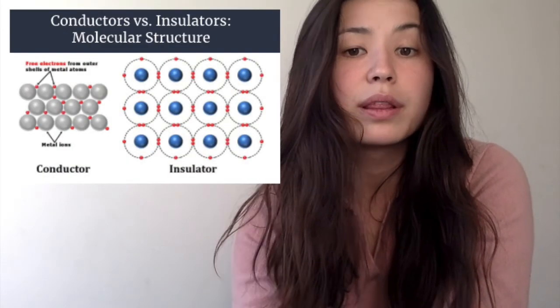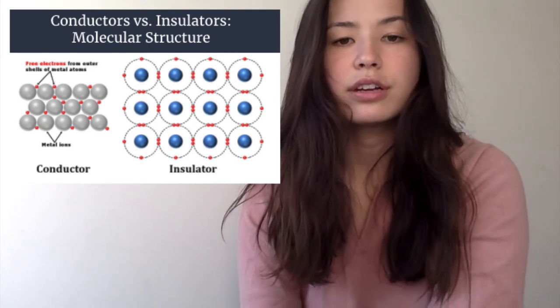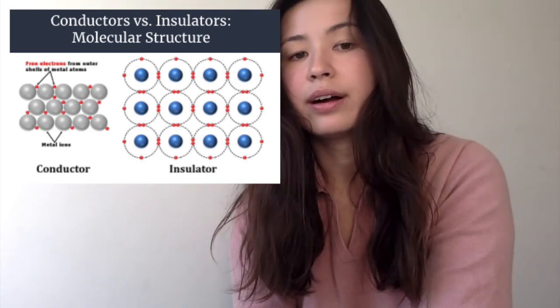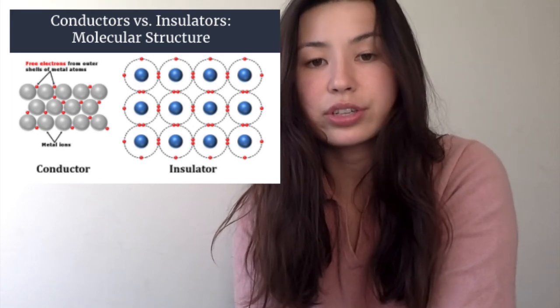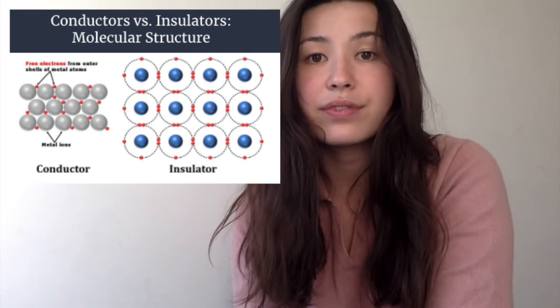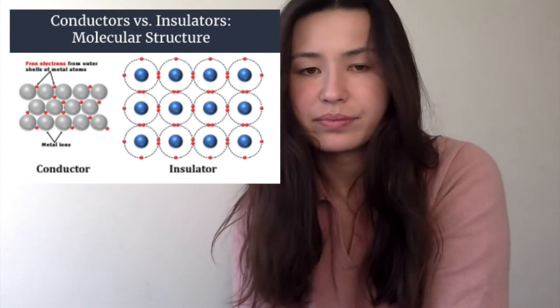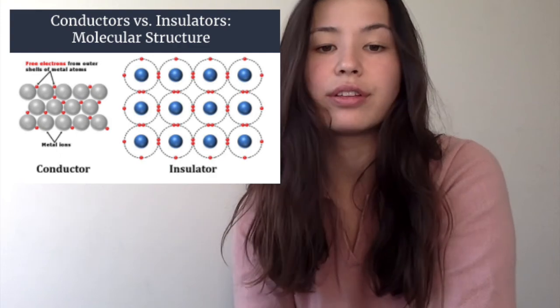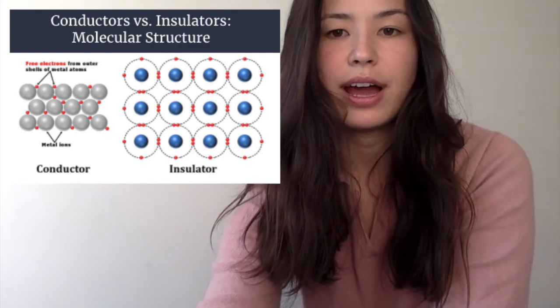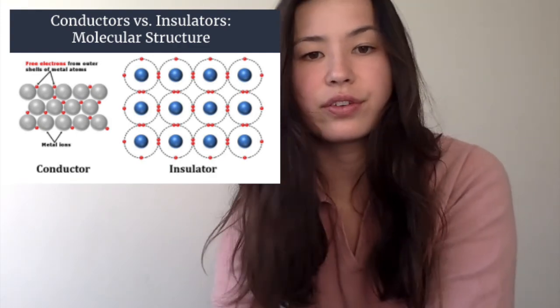So let's actually think more about what this looks like on the molecular level. So here is a diagram that depicts the difference in the molecular structure between a conductor and an insulator. You'll see for the conductor on the left that we have a bunch of free electrons floating around.